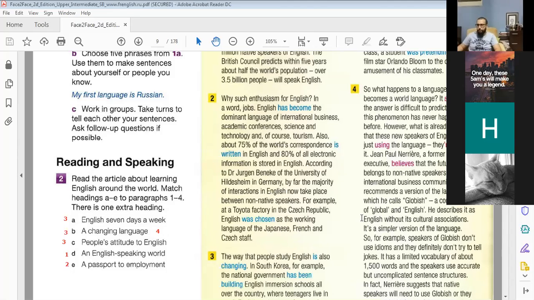Yeah, for me, I go with B. Also, we have 2 answers for B. So this means in Samira and Hajar's answer, I think Haneen too... Sorry, Samira? In the last one, I go with C, not B, C: people's attitudes to English. Okay, yeah, people's attitude to English.